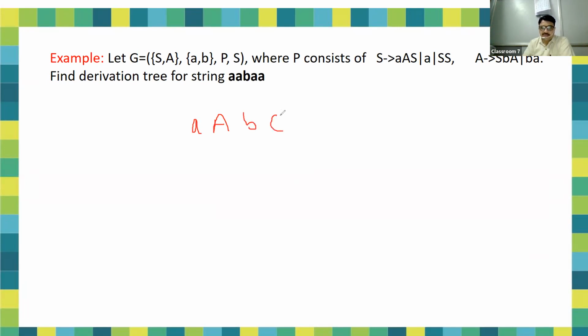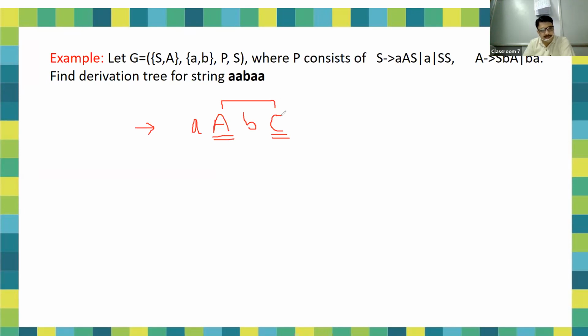In this situation, there are two options. Either we can expand this C or we can expand this A, right? Because these are only two variables in this statement. Clear? So we have the choice that we can expand either this A or this C.